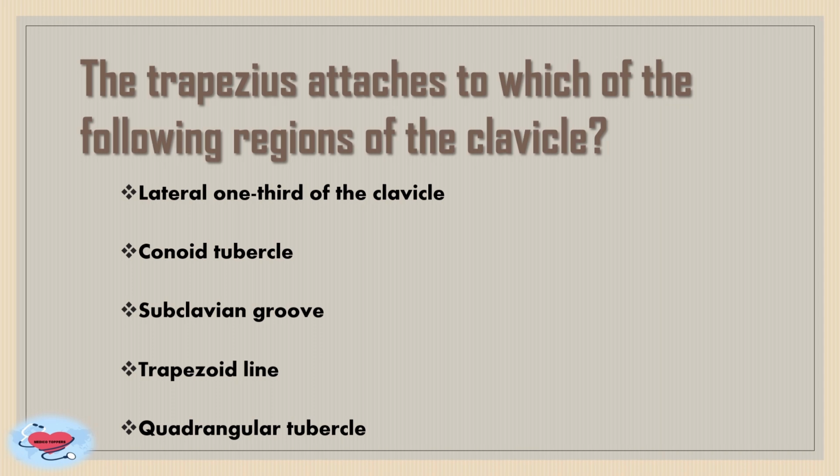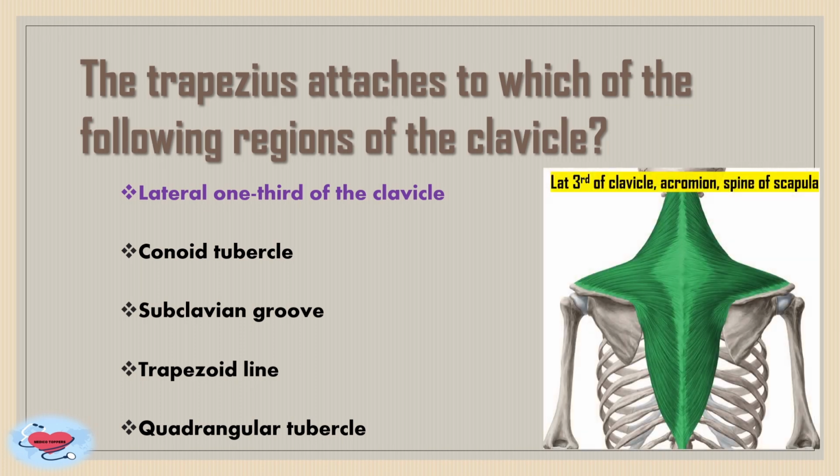The first question is, the trapezius attaches to which of the following regions of the clavicle? Options are lateral 1/3 of clavicle, conoid tubercle, subclavian groove, trapezoid line, quadrangular tubercle. In this question, answer is lateral 1/3 of the clavicle.